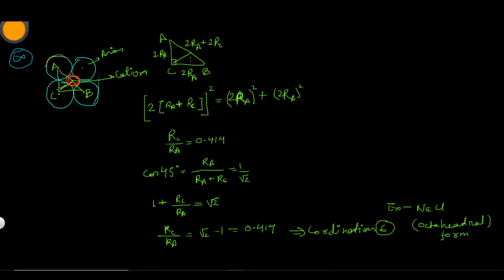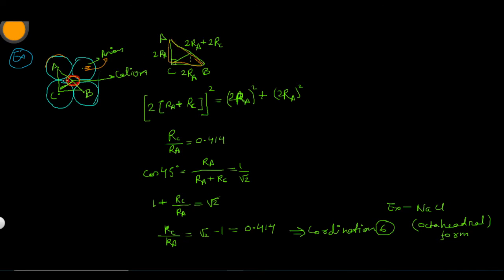I joined all the centers of anions and cation and formed one triangle ACB. This is a right angle triangle. These are anions, and at the center one cation is present, and I represented this triangle here as ACB.